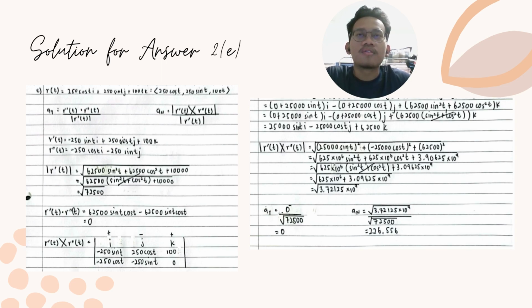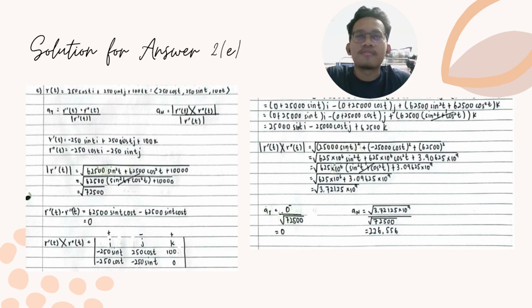So we use this formula for the tangential component, which is a_T equal to the dot product of the first derivative and second derivative of function r(t) over the magnitude of the first derivative of r(t). And for the normal component, we use the magnitude of the cross product of the first derivative and second derivative of r(t) over the magnitude of the first derivative of r(t).